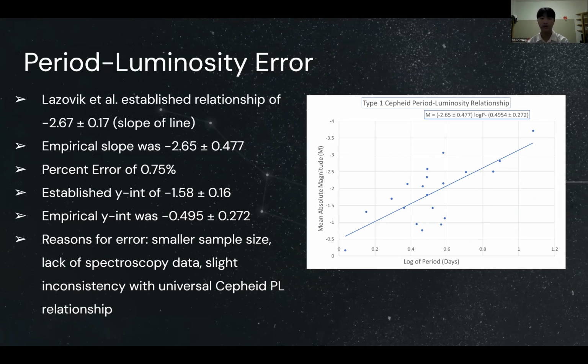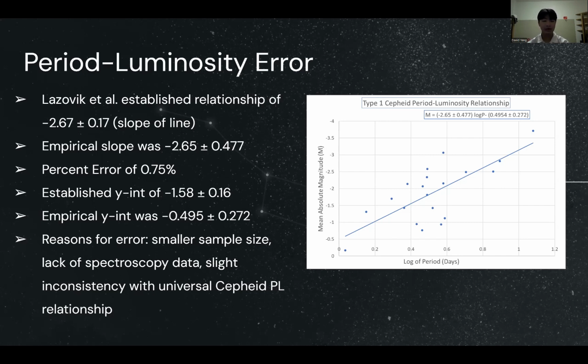And our own empirical slope for our trend line was negative 2.65 plus minus 0.477. So very close, with a percent error of only 0.75%. However, where our trend lines deviated was in the y-intercept. The established one was negative 1.58, and our empirical y-intercept was negative 0.495.